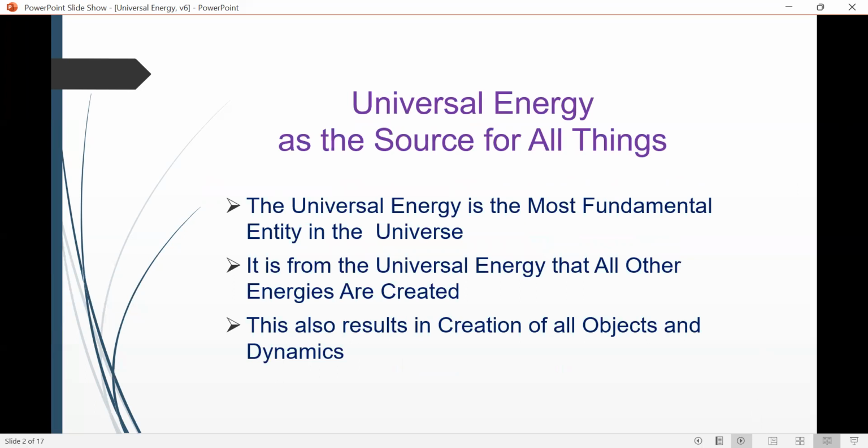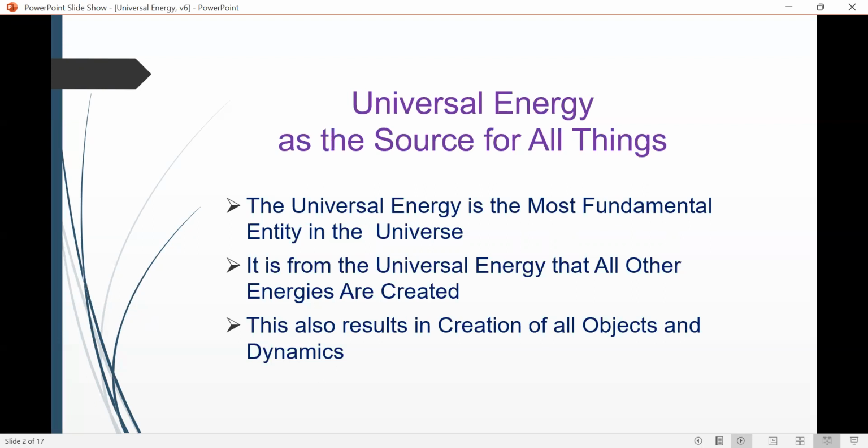The universal energy is the source for all things. It is the most universal, the most fundamental entity in the entire universe. It is from this universal energy that all other energies are created. That means gravitational, magnetic, electrical, and nuclear all come from the universal energy.